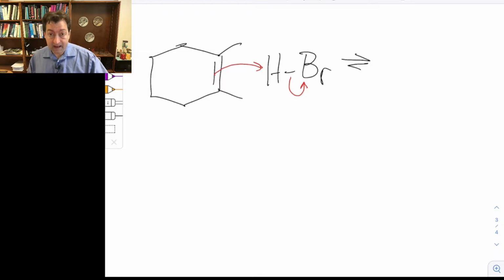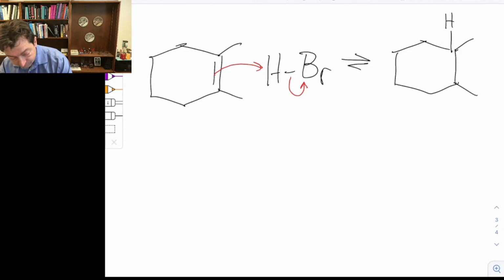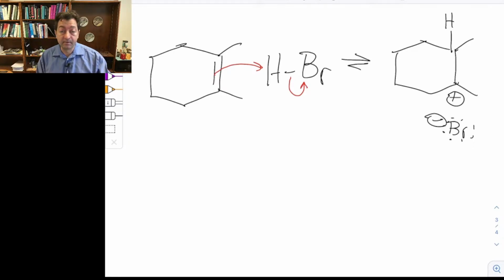And so what we would imagine generating as an intermediate would be something that would look like this, showing the lone pairs on that bromide ion, remembering that it's there.